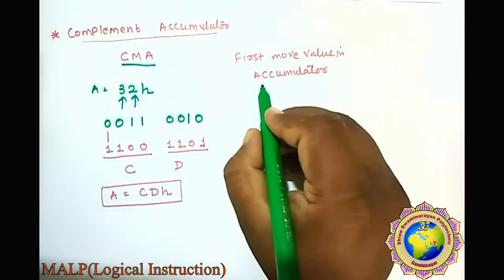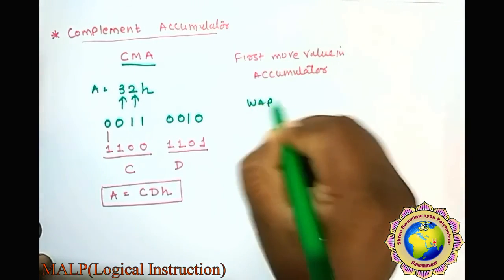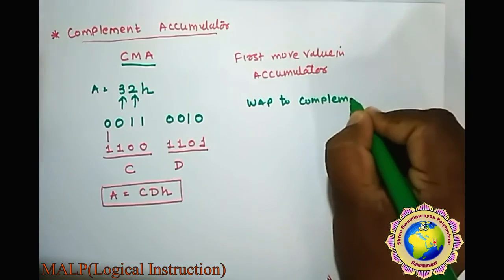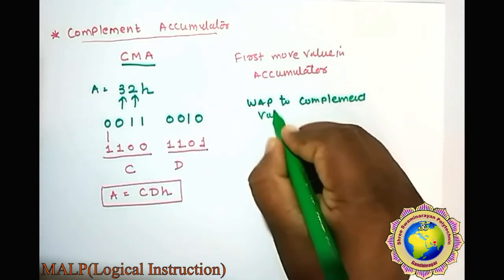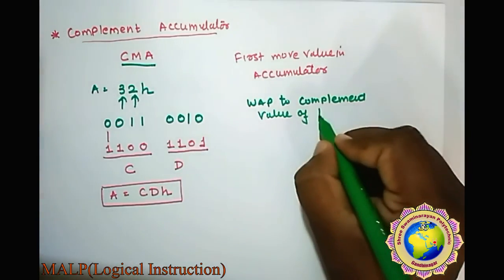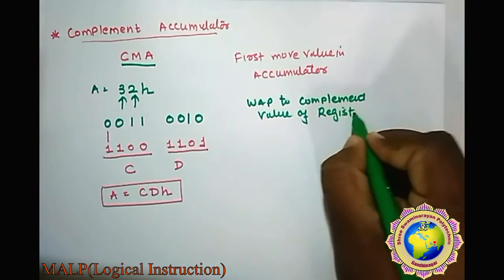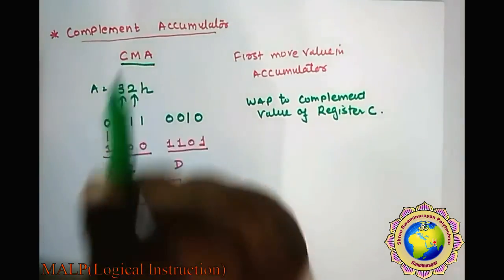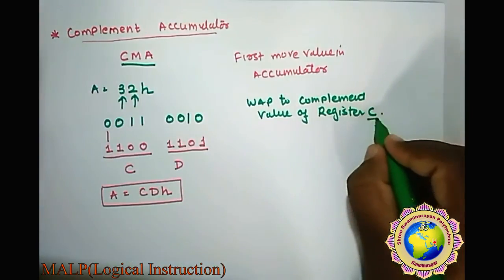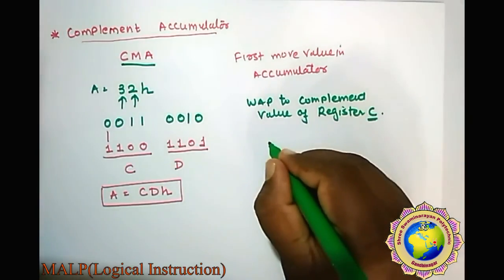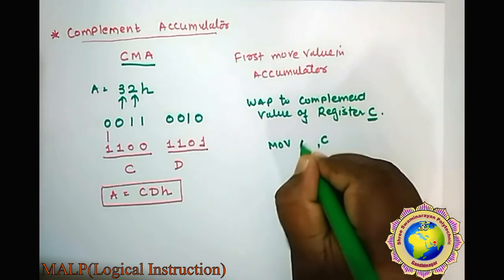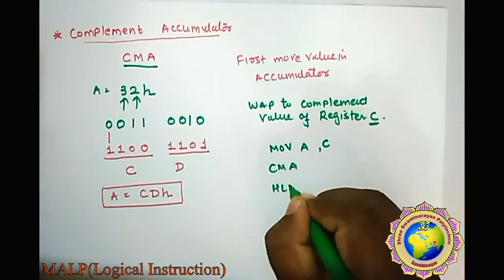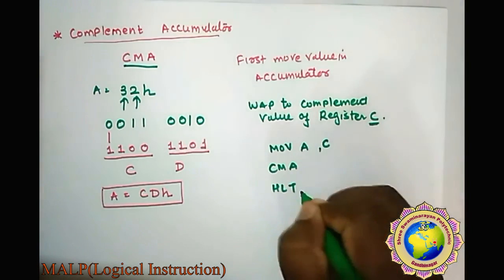Suppose you are given a program: write a program to complement the value of register C. We cannot write CMC here. We first have to move the data of register C to A, then perform the complement accumulator, and then HLT.